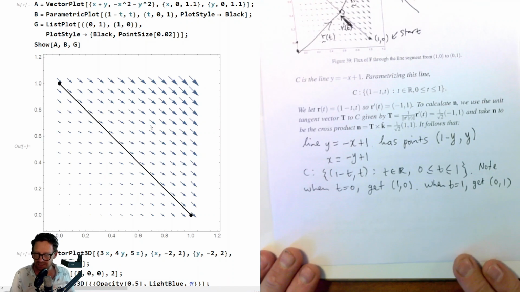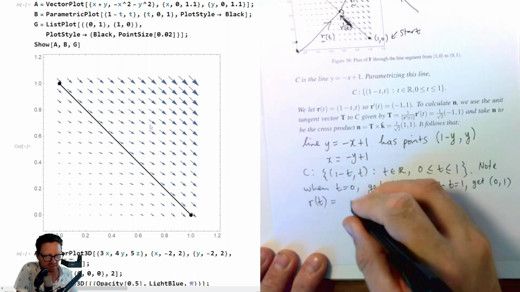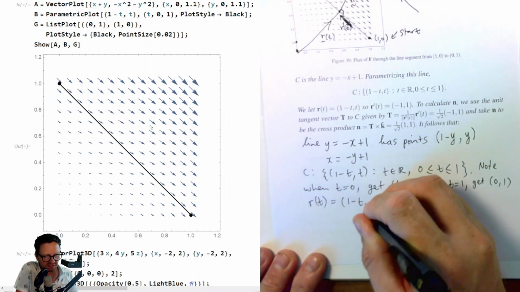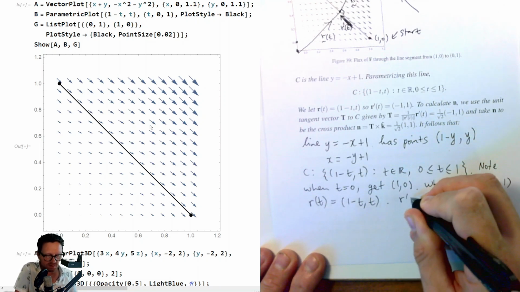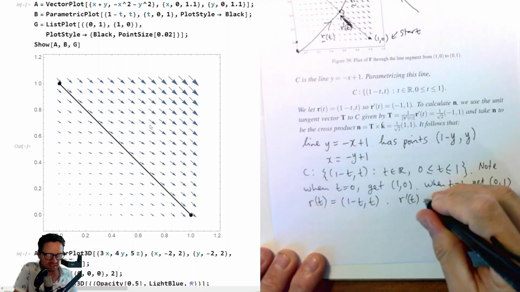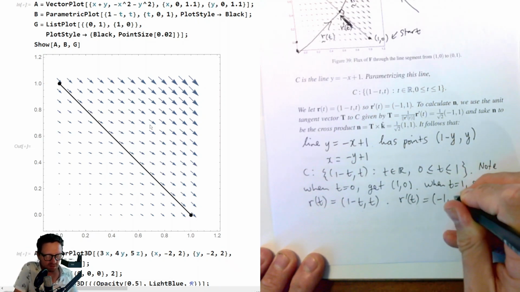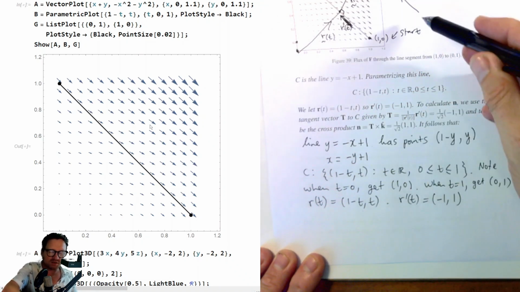Okay, now let's calculate. So this is r. r of t is equal to 1 minus t, comma t. Now let's calculate what r dash is. So r dash of t, just taking the derivative of this with respect to t, we have minus 1, comma 1. All right, so to the left 1 unit and up 1 unit, so like this.